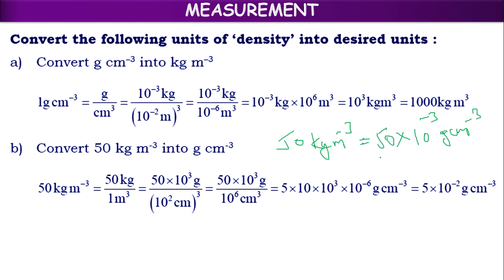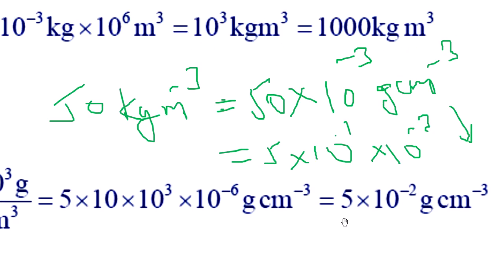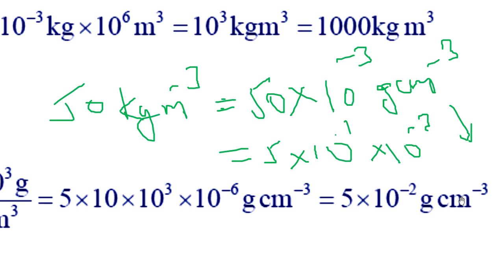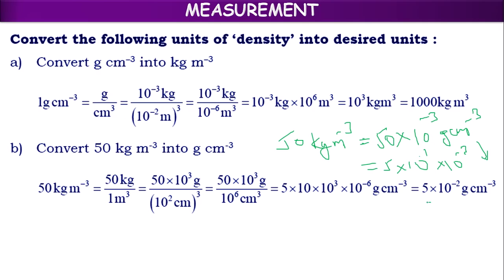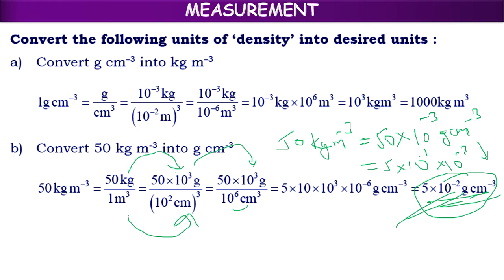So 5 into 10 power 1 into 10 power minus 3, 1 plus minus 3 is minus 2. So directly we can write 5 into 10 power minus 2 gram per centimeter to the power of minus 3. Instead of changing kilogram into gram and meter into centimeter and converting all again, if you remember this shortcut, you can solve the problems directly.